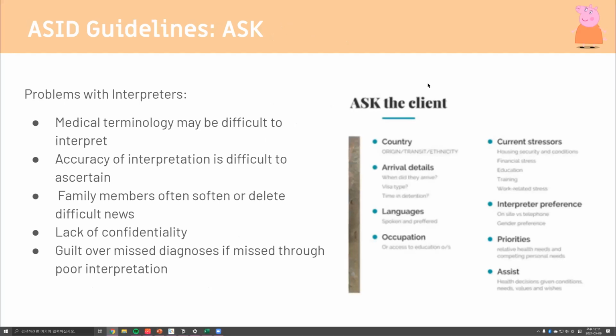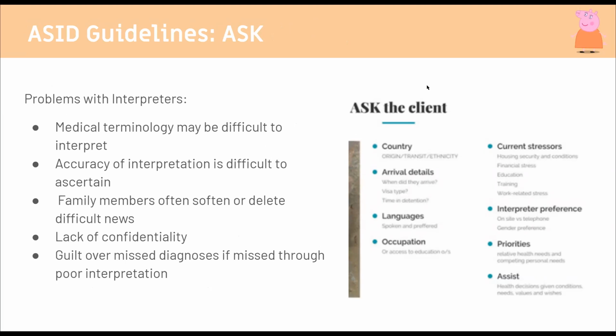Also, there is an ASID guideline, ask, and this is a slide from the lecture, and basically that's what you ask for the people, and you can definitely get an interpreter for those who can't speak English really well or want someone with medical knowledge who can speak to them in their language about medical stuff.